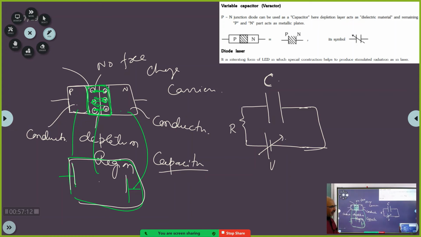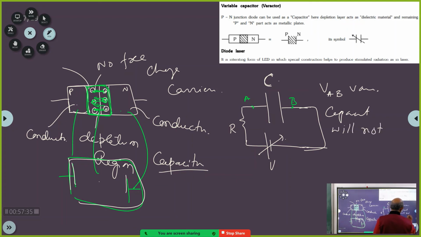The capacitor is independent of this voltage, say VAB. So if VAB varies, the capacitor will not vary. So C is constant.